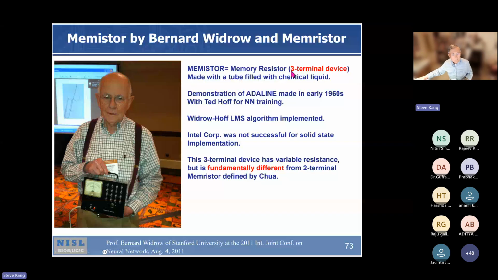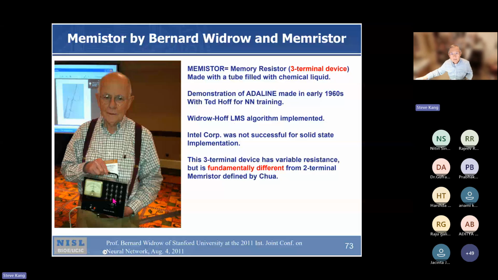But he applied this in a neural network exercise. He demonstrated what is called the Adaline. It's a neural network system made in the early 1960s with his PhD student Ted Hoff for neural network training. Widrow-Hoff is well known; the least mean square algorithm was implemented in this system.